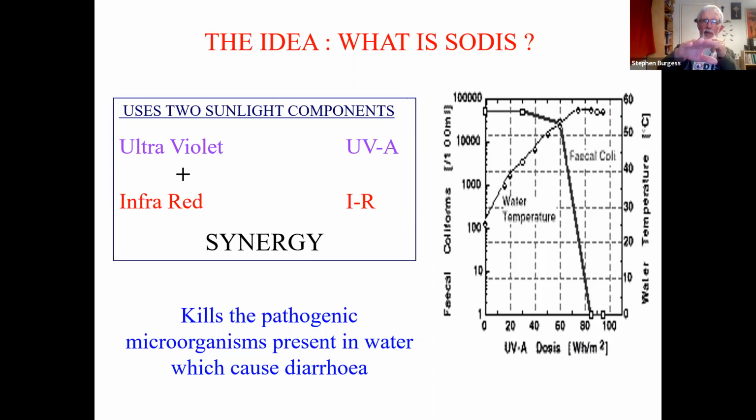During the day, the amount of ultraviolet getting into the water increases, and as the temperature increases, it reaches a critical point when it acts on the pathogens in the water, and so the fecal coliform count drops drastically. So that's how SODIS works. It's a dual thing between ultraviolet and infrared. Both are important, but the ultraviolet is extremely important because of the way it acts on the oxygen in the water and creates these free radicals which attack the pathogens in the water.